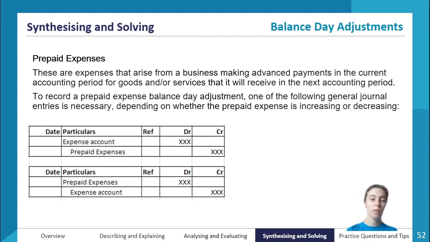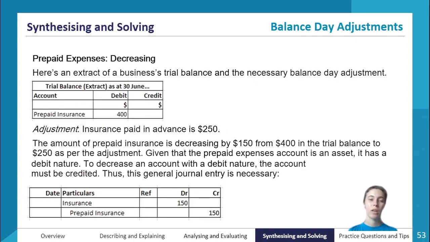In the first one, we've got a debit to the expense account and a credit to prepaid expenses, and the other one is the opposite. So let's go through what decreasing would look like. Here is an extract of a business's trial balance and the necessary balance day adjustment. We've got a $400 debit for the prepaid insurance account.